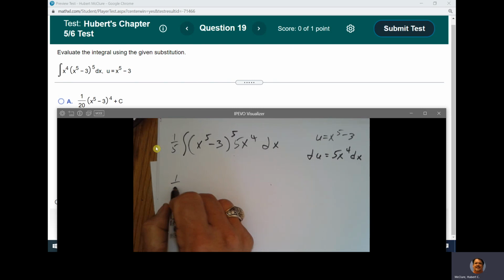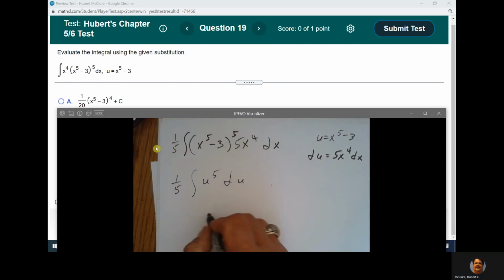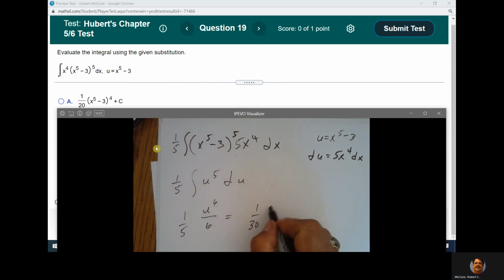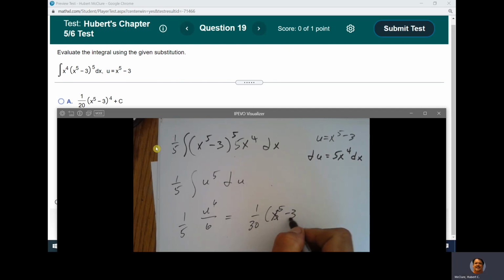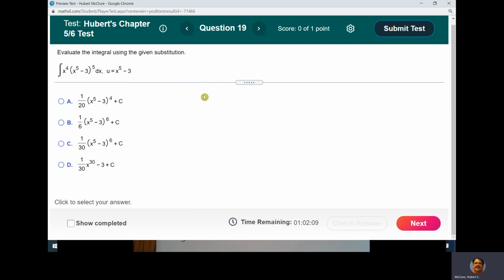So that's going to be 1/5 u to the 5th du, which is u to the 6th over 6, multiplied by 1/5, which is 1/30. x to the 5th minus 3 to the 6th power plus c, something like that. Be 1/30th. Looks like that one. It's Charlie.